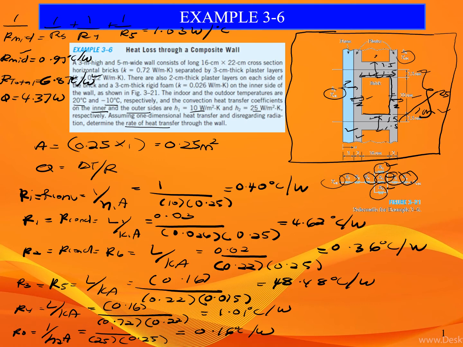Please remember that you calculate this one based on 0.25 meter surface area. So every 0.25 meter square, the rate of heat transfer is 4.37 watt.